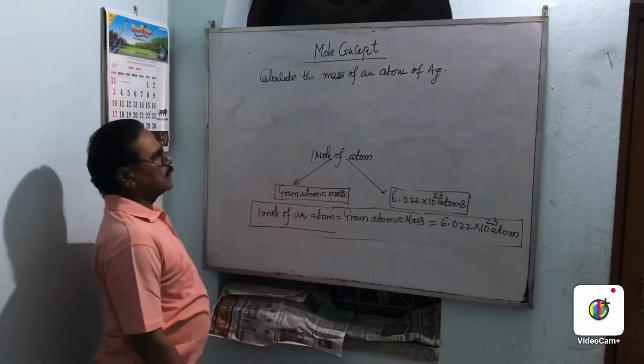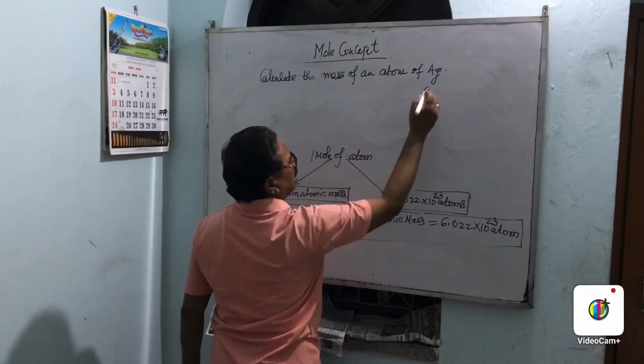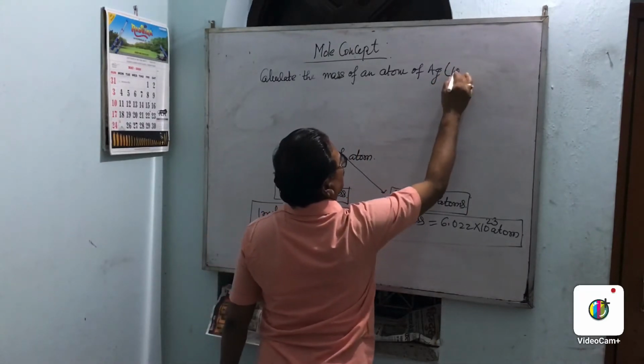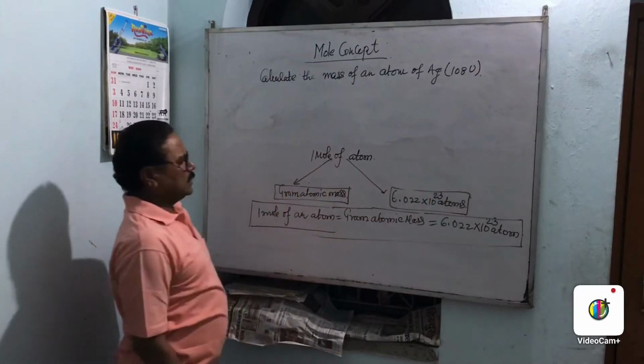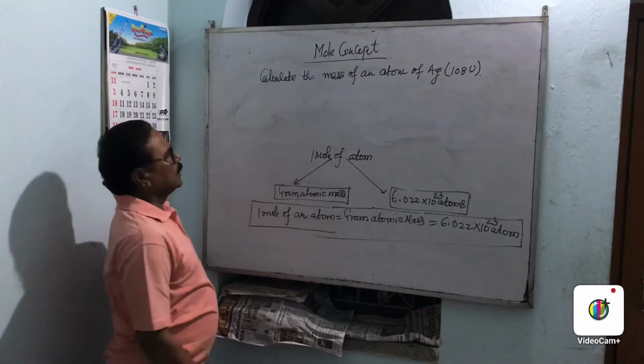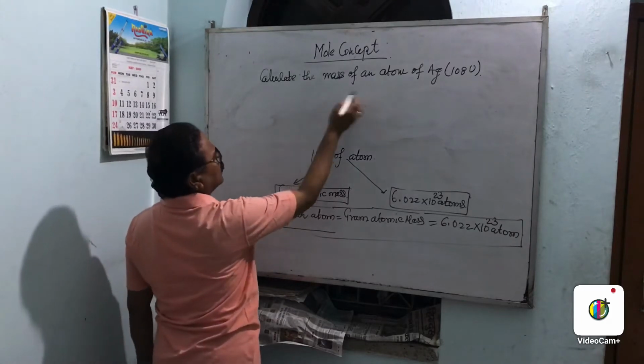Ag is silver, and its atomic mass is 108 u. This is the unified atomic mass unit. So how will we define it?